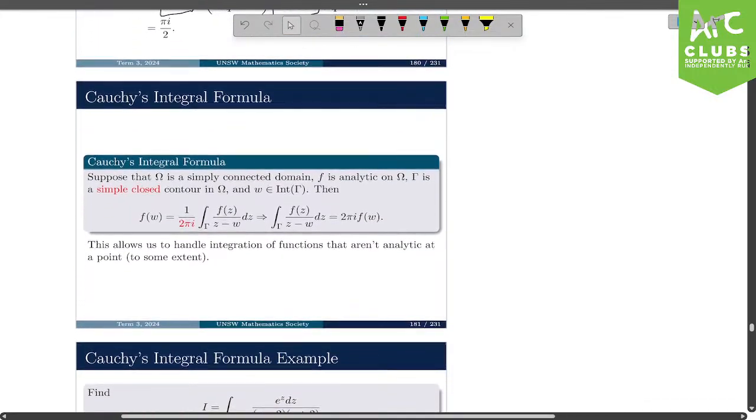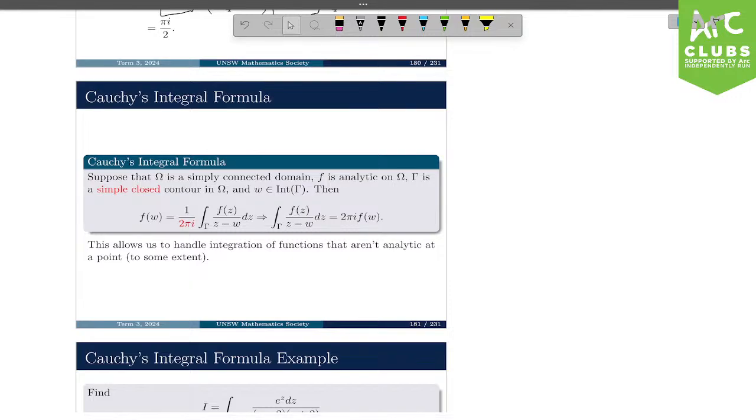Now we have Cauchy's integral formula. Okay? The integral formula is pretty similar. However, now we are including the pole in the middle. Okay?